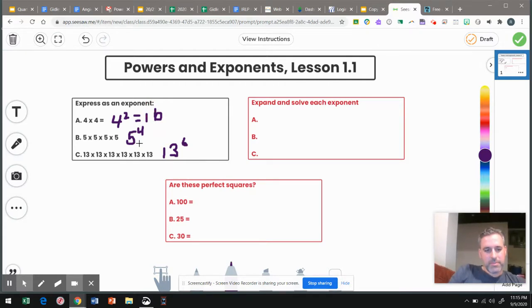The next one here is 5 times 5 times 5 times 5. Well, it's going to be 5 times 5, which is 25, times another 5 is 125. And then if you take that, then we got a bigger number. So you might want to pull out a calculator just to make sure that you're correct.